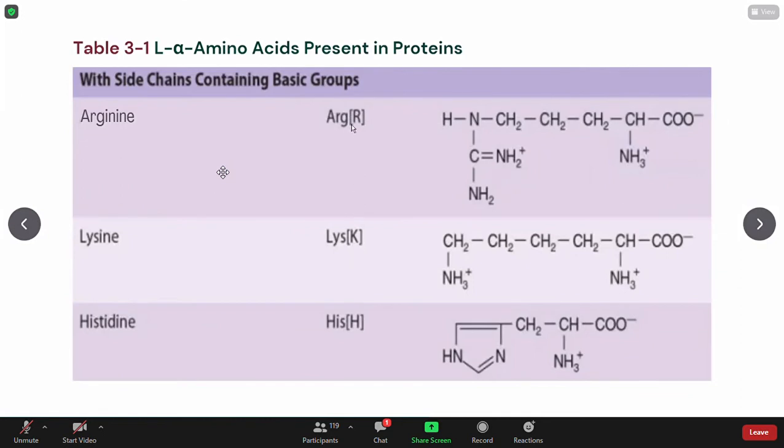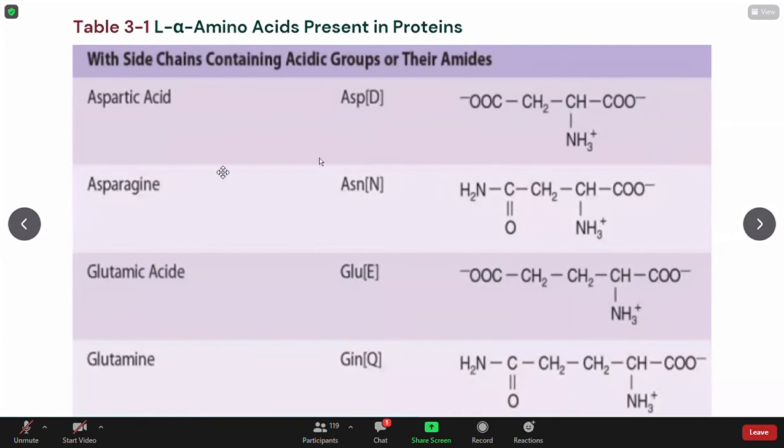Now, this one is R for arginine. Because we have already alanine, letter A, arginine. And then what do we have, Q?